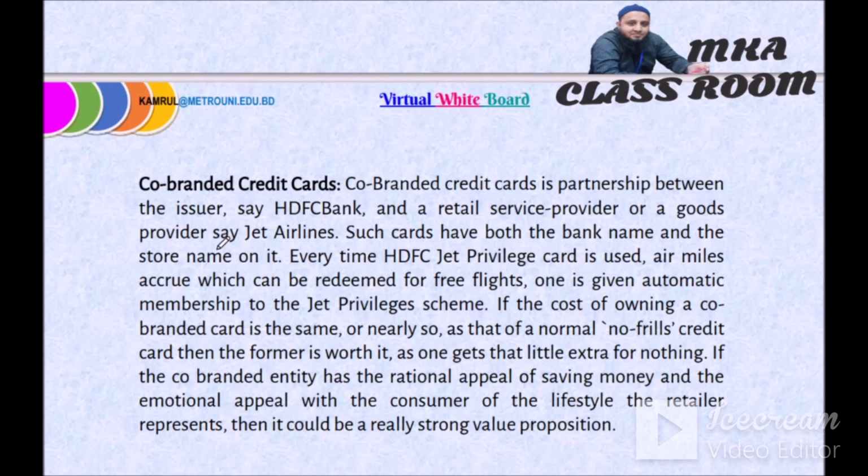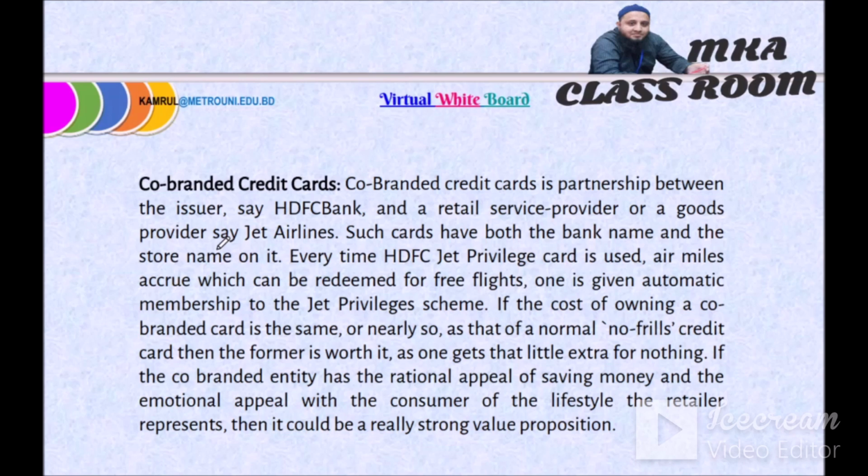They are co-branded credit cards. That means if you get several points, then Jet Airlines will provide you a free trip. If you use these HDFC Bank cards and acquire a fixed number of points, then HDFC Bank will provide you a free trip on Jet Airlines. So these are co-branded credit cards.